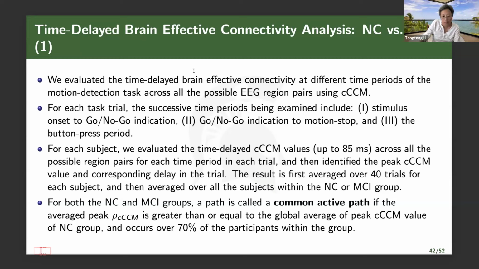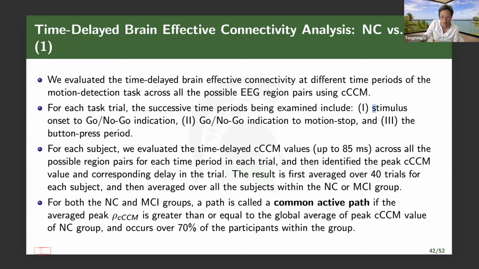And we evaluated for each task trial. Okay, we evaluated CCM for different time periods: stimulus onset, go and no-go period, and also the button press period. For each subject, we evaluated the time delay CCM across all the possible region pairs, which for us is 132.